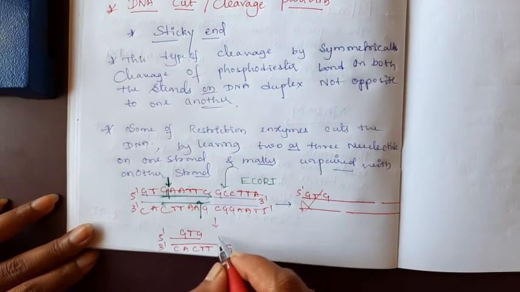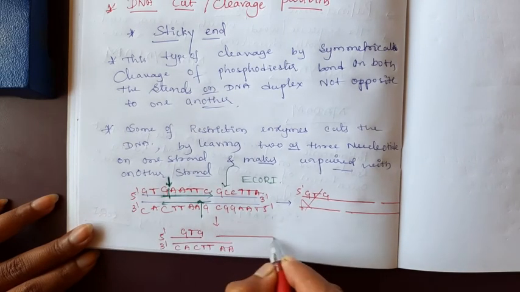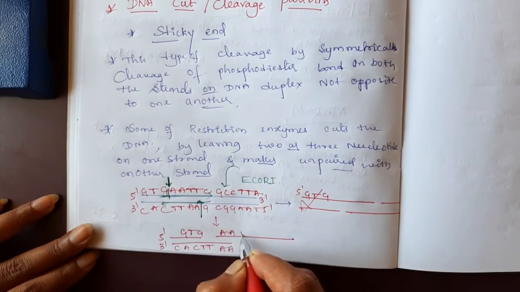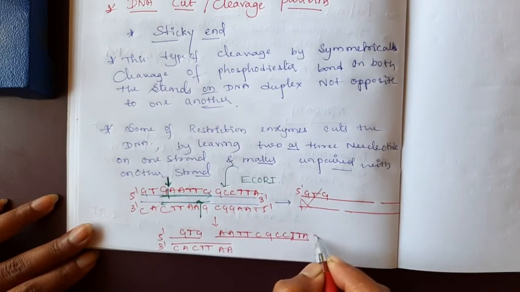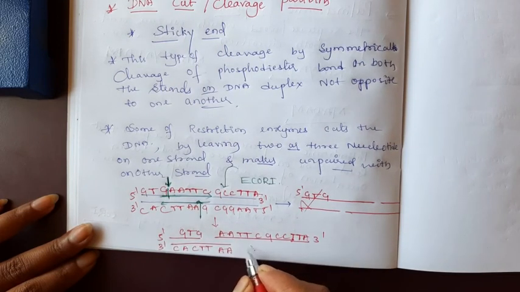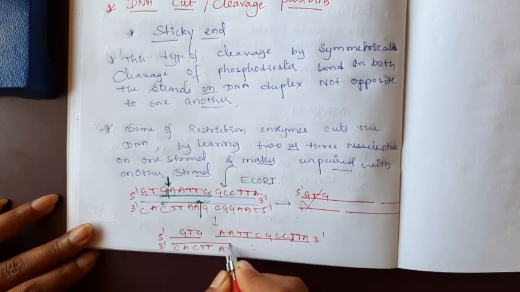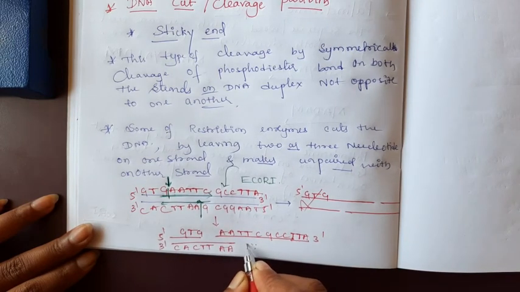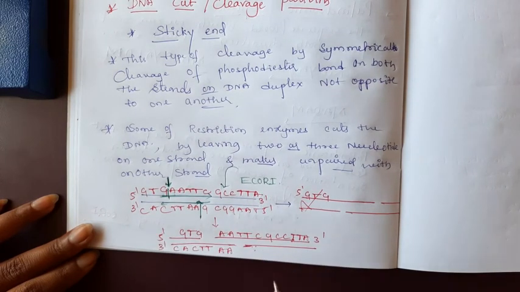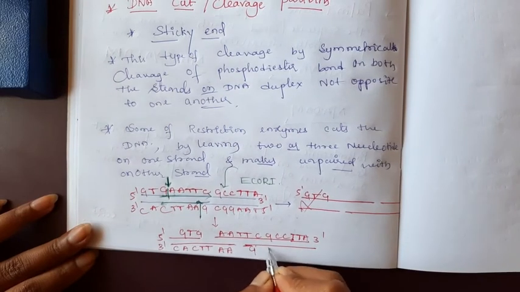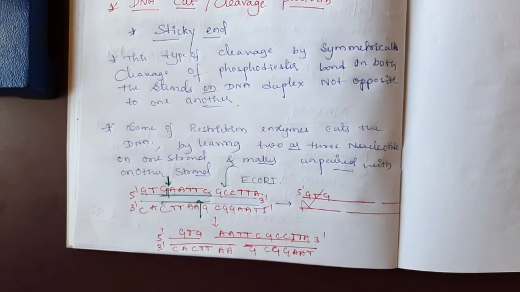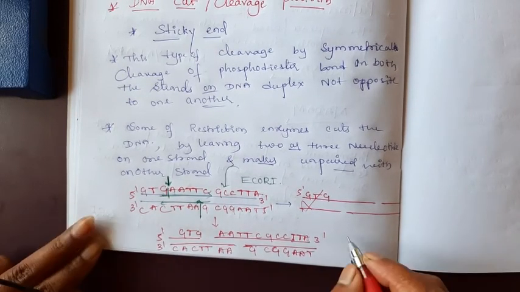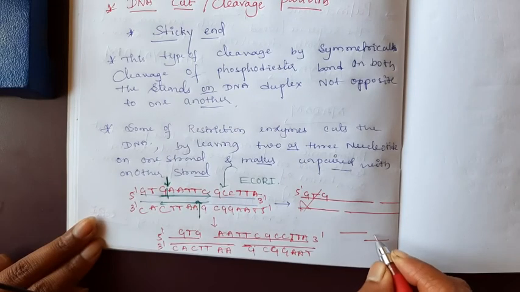Then above we get AATTC, GCCTTA, and GGAAT.